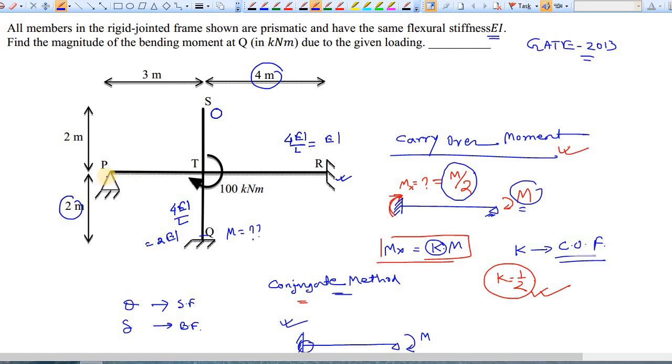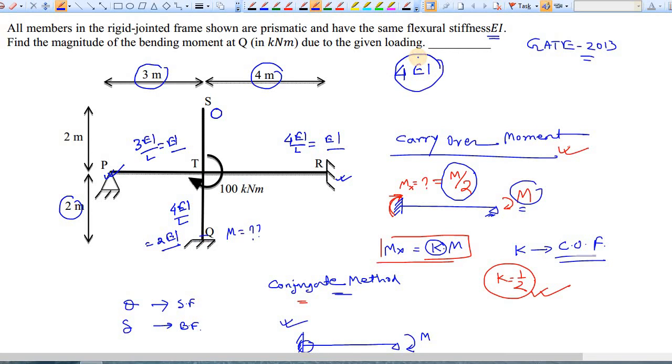For this one, it is pinned, so the rotational stiffness for the TP part is 3EI by L. Here L is 3, so this is coming as 3EI. So the total rotational stiffness of this system is 0 plus EI plus 2EI plus EI, so 4EI.